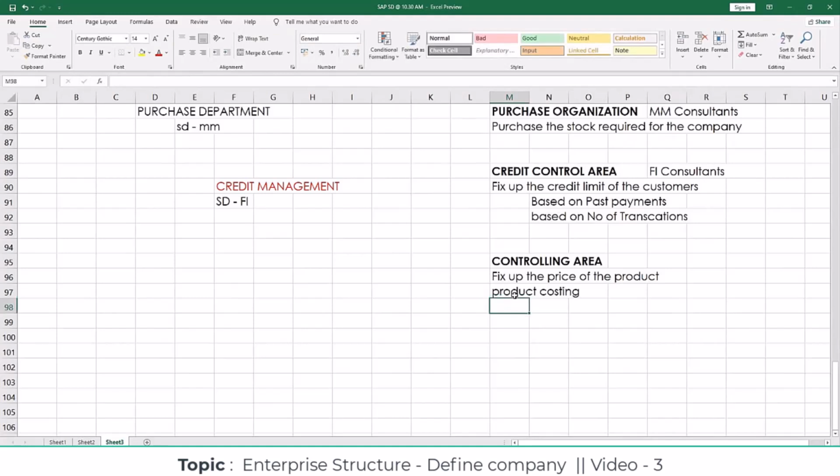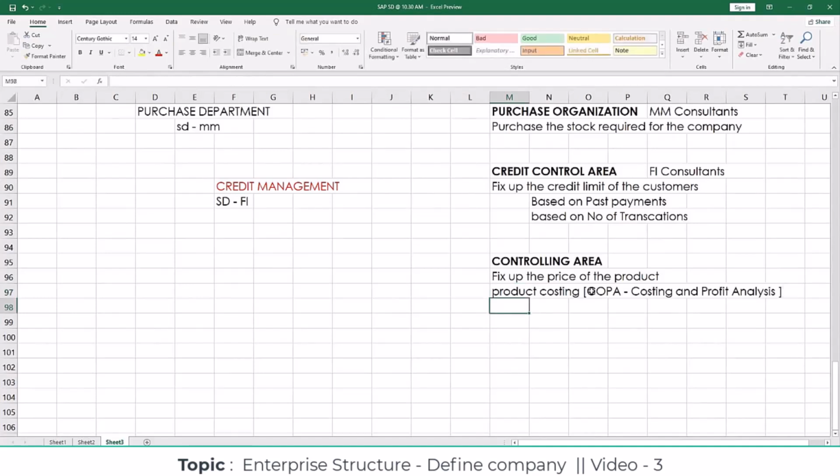In SAP terms, we call it product costing, or you can also call it COPA, which stands for Costing and Profit Analysis. At what price we need to sell the product in the market, that price will be given by the controlling area.